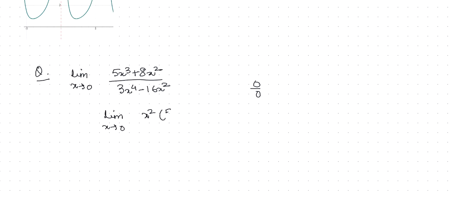So this gives x square times (5x plus 8) over x square times (3x square minus 16). Now as we put x is equal to 0, it becomes 8 over negative 16 and we get the value.